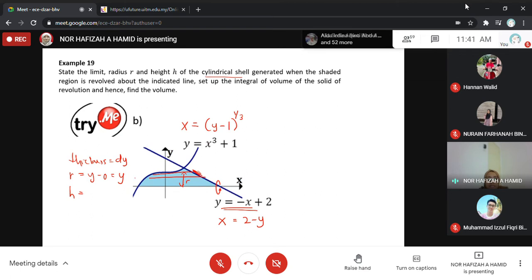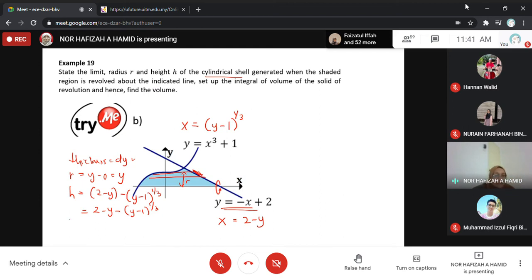Because the thickness is dy, all functions must be in y. So your h is the right function 2 minus y, minus the left, which is (y minus 1) to the power 1 over 3. So that is your h. If you simplify, you have 2 minus y minus (y minus 1) to the power 1 over 3. That is your h.